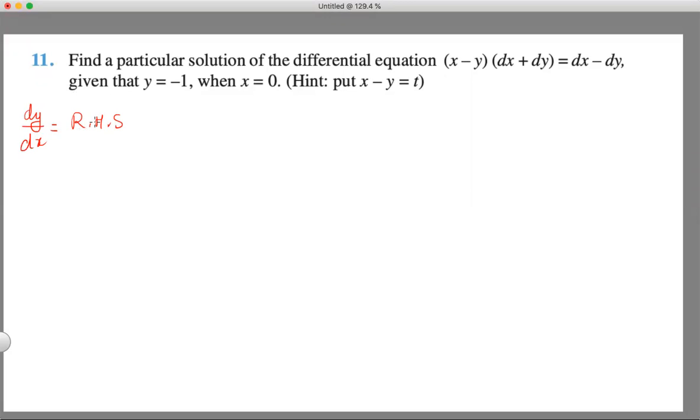Now, after doing that, we look at the right hand side and try to find out what type of expression that is.